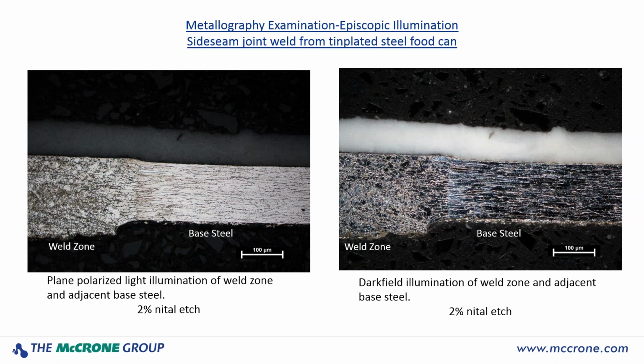Now we can continue on and let's take a look at what dark field illumination presents for us. On the left we have our plain polarized light again, and on the right is the dark field illumination of the weld zone. Now here we can see the grain structure outlines very easily, nice light outlines. And then the dark regions are the flat regions of the grains that are reflecting directly back up to the objective or to the eyepiece.